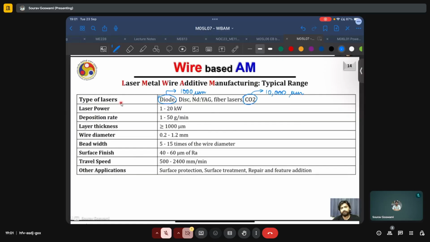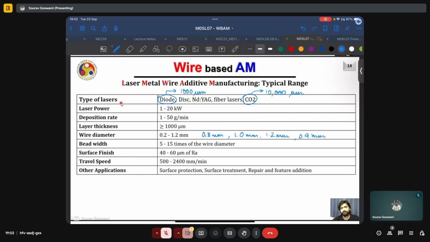However, in practice, we will have options of 0.8, 1, and 1.2 mm. Recently, I also saw a paper using a 0.9 mm wire. The typical bead width achieved in this process will be from 5 to 15 times the wire diameter.